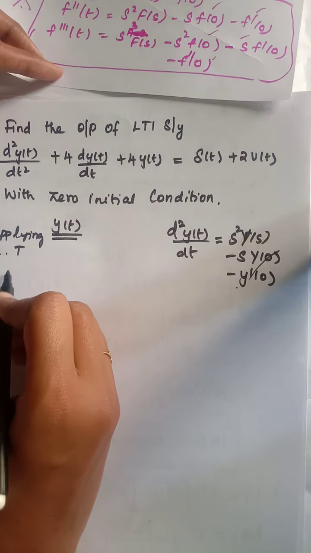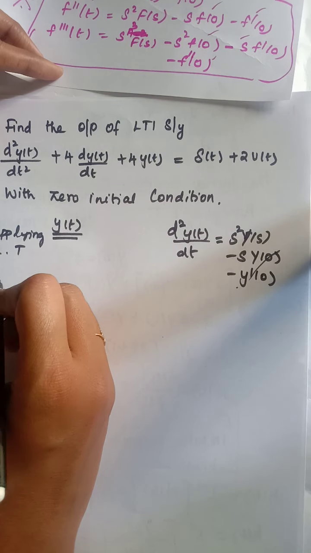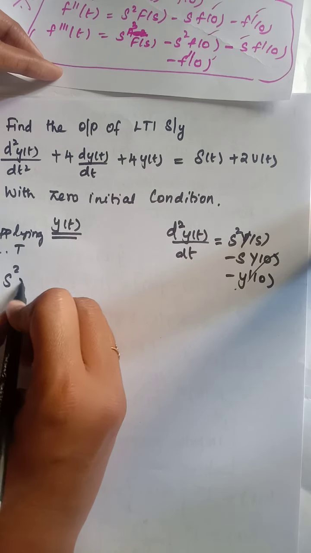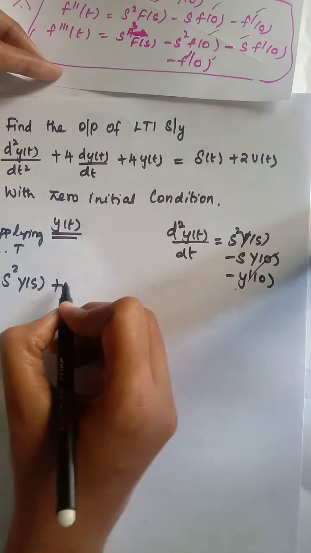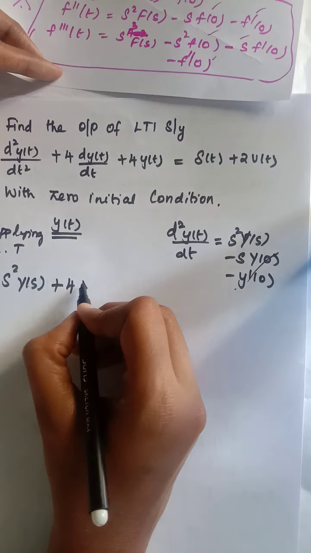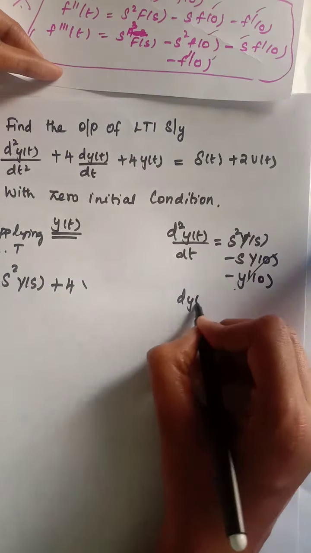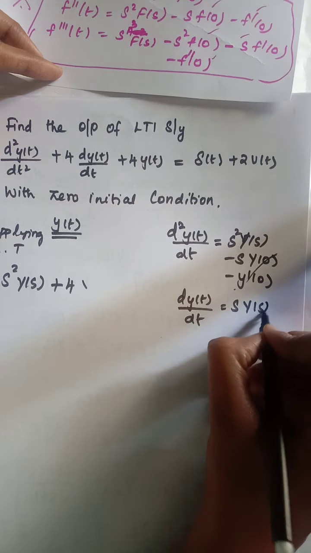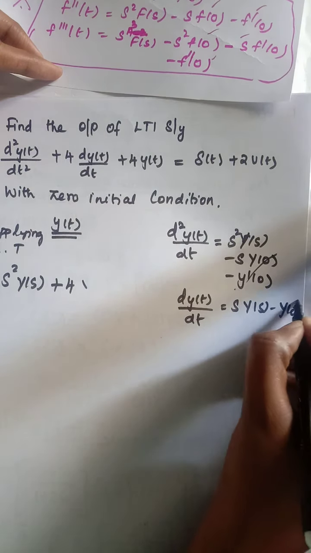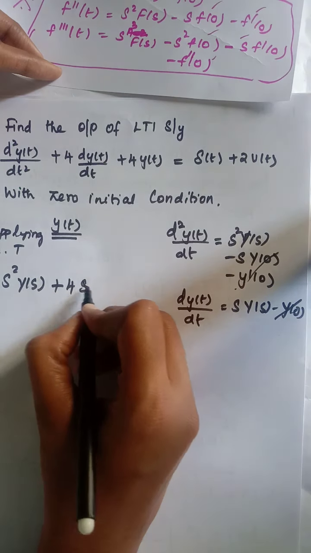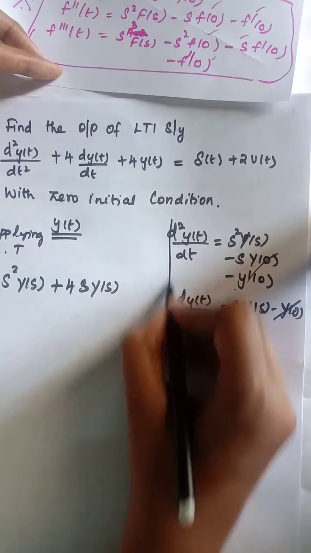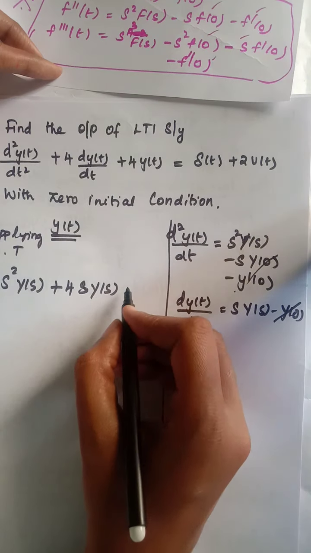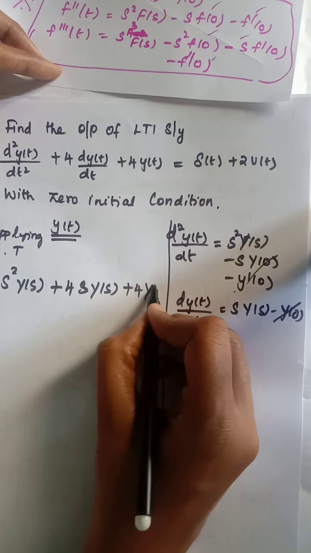So applying the Laplace transform we get s square into y of s plus 4 times, for dy by dt, s into y of s minus y of 0. Here also the initial condition is cancelled, so 4s y of s plus 4 y of s.